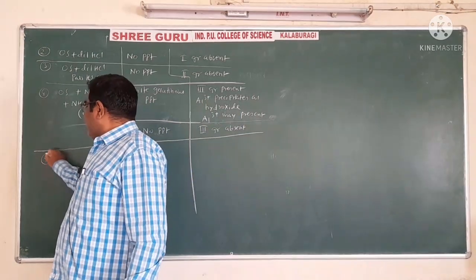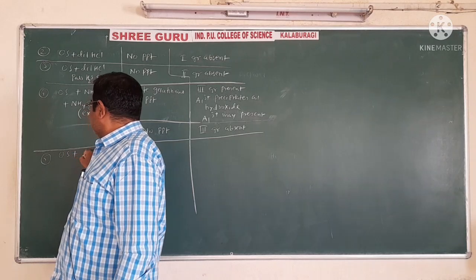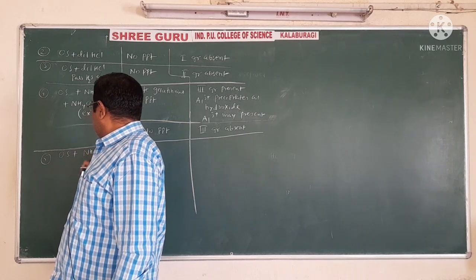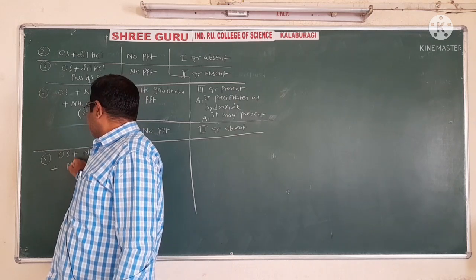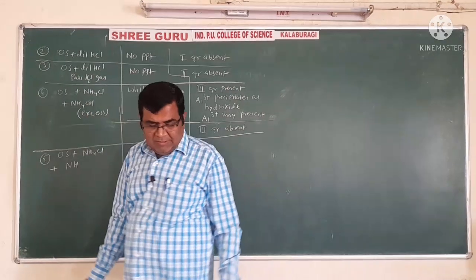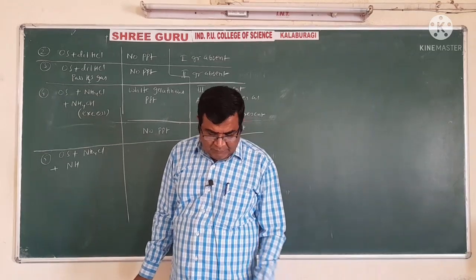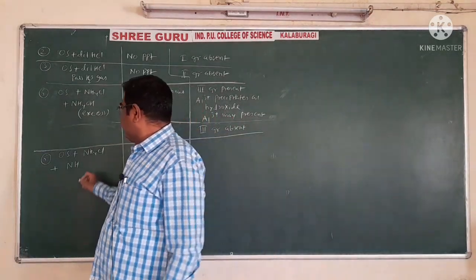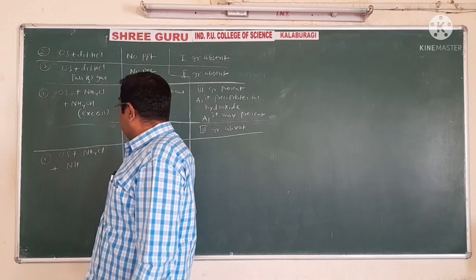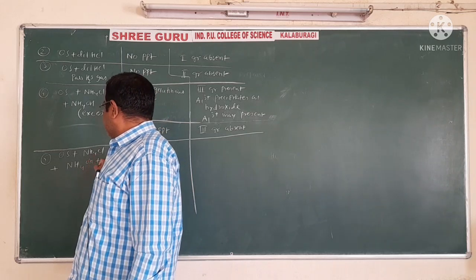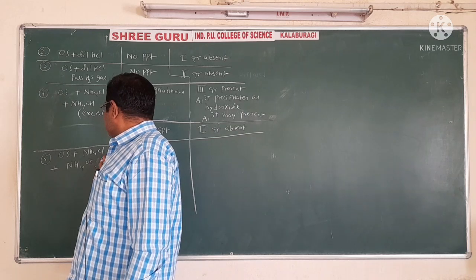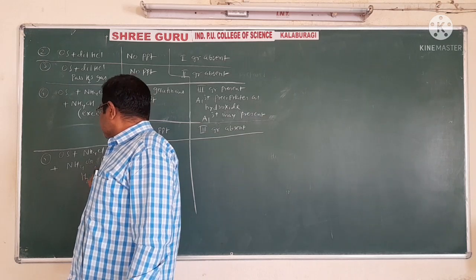So I write here original solution plus ammonium chloride plus, I have to write here, ammonium carbonate in the fifth group. Of course, NH4OH also. We are going to the fourth group, so it is NH4OH plus we have to pass H2S gas.